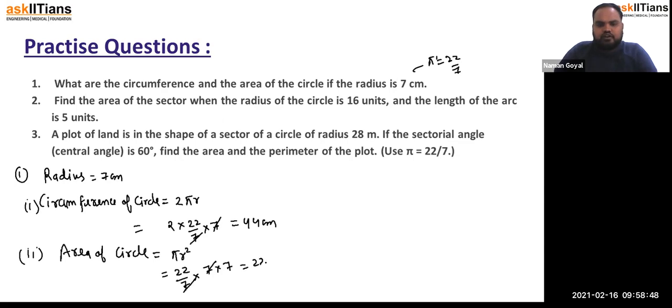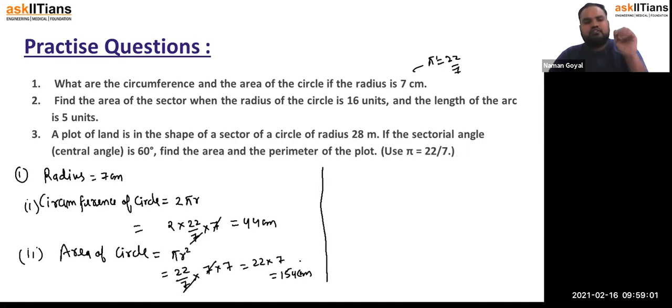What we get is 22 into 7, and if you calculate 22 into 7, you will get 154 centimeter. You have to put the correct unit at the end. So the answer for the first question: circumference is 44 centimeter and area of that circle is 154 centimeter square.